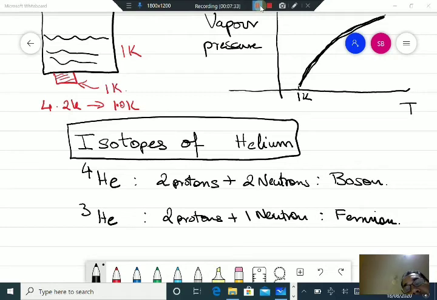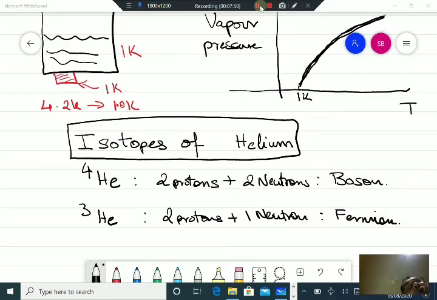Now, helium has two isotopes. One is of course helium-4, which has 2 protons and 2 neutrons, and it is essentially a boson. And there is helium-3, which has 2 protons and 1 neutron, which is a fermion.